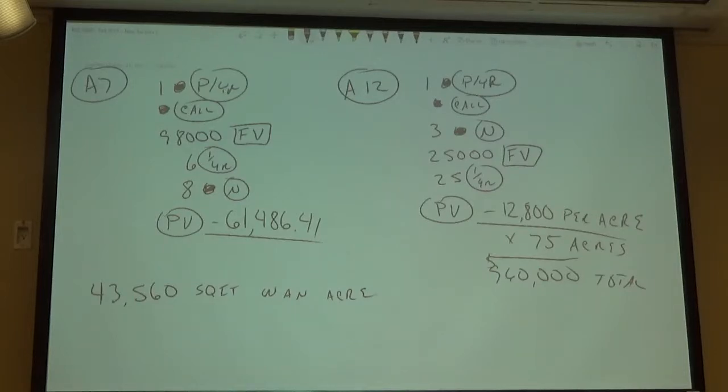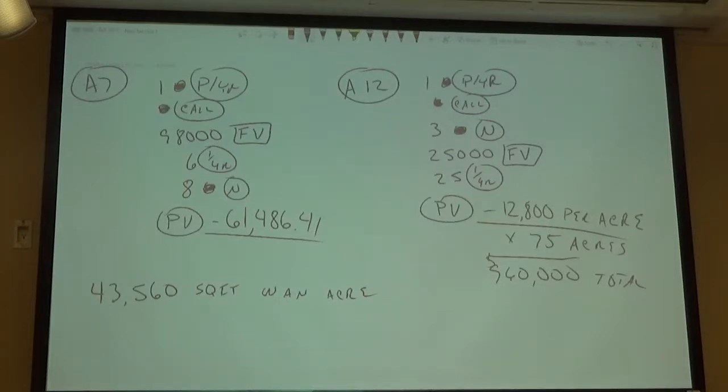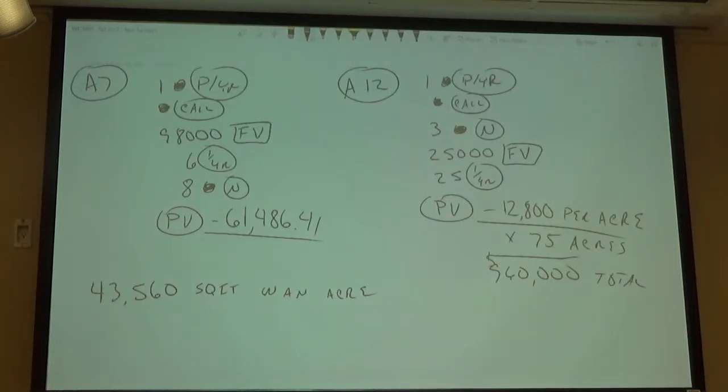Okay? And one of the reasons that you need to commit that to memory is because it's an unusual number, but whenever you see land that's for sale or property that has been subdivided, it almost always is referred to as acreage. It may be half an acre, a quarter of an acre, an eighth of an acre, whatever. Well, you need to be able to do that conversion, okay? So commit that to memory.